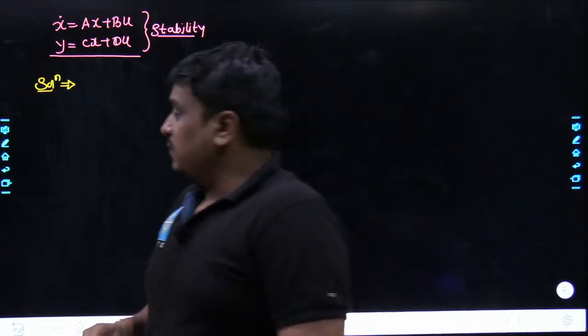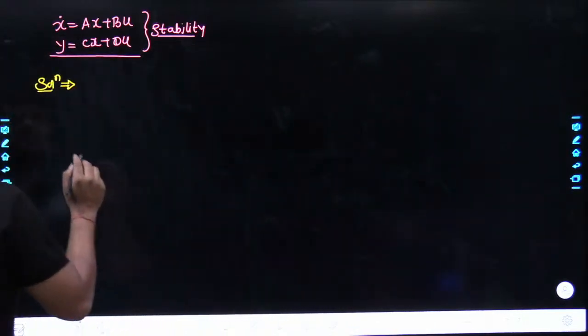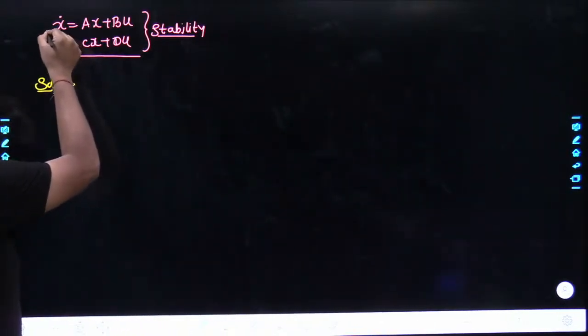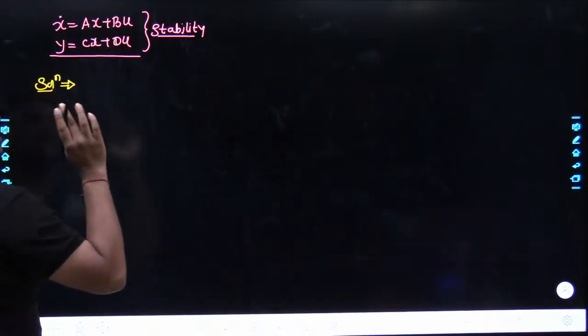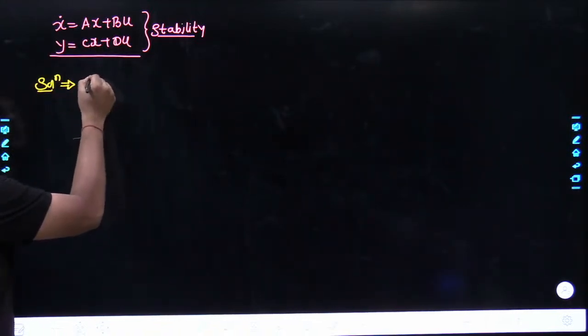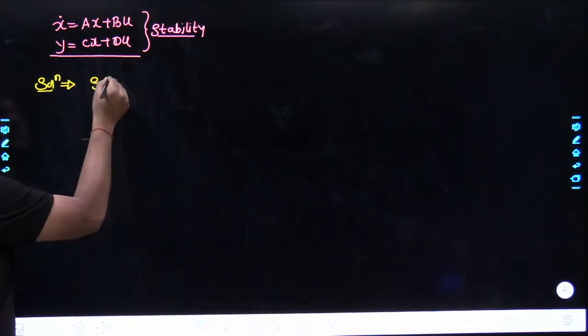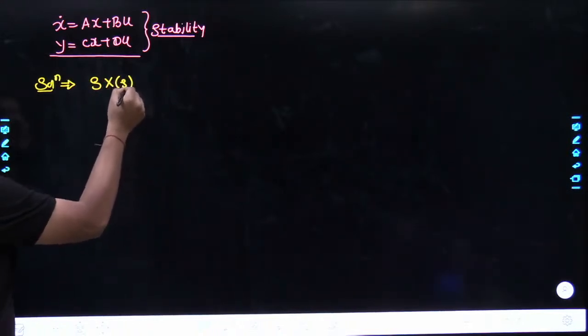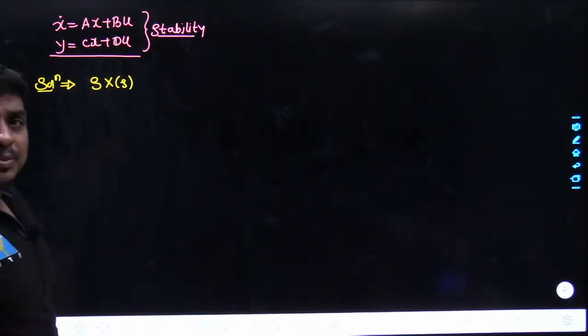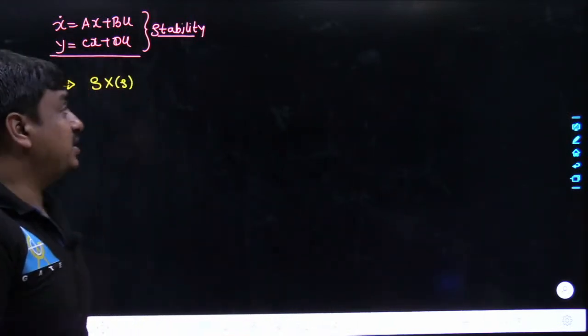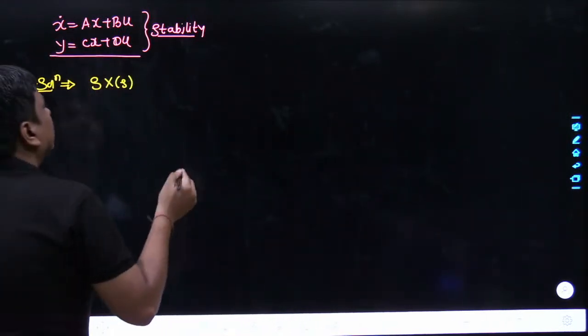The conclusion we are deriving is this: let's take the Laplace transform of the first equation, which is nothing but the state equation. So may I know what it would be? It would become s times capital X, no? Once we take the Laplace of any time domain function, definitely the function itself gets changed. Agreed?